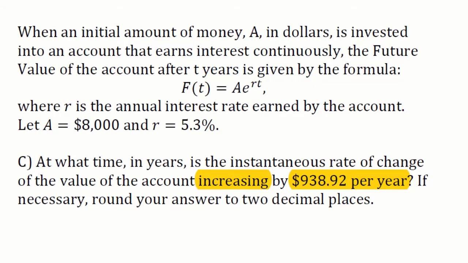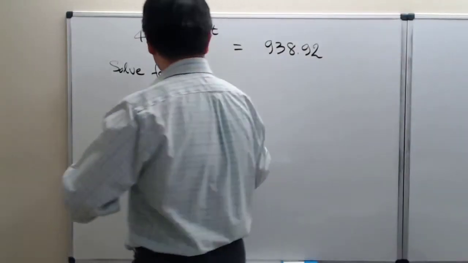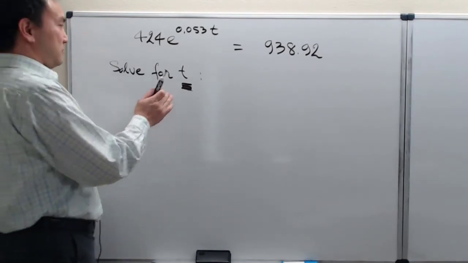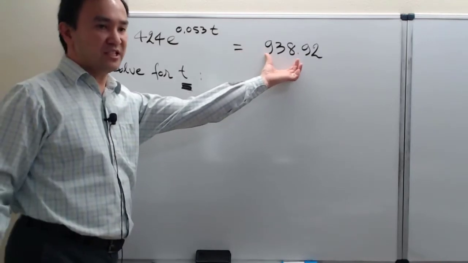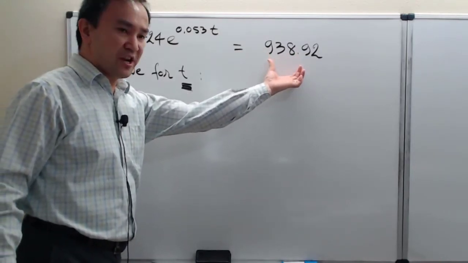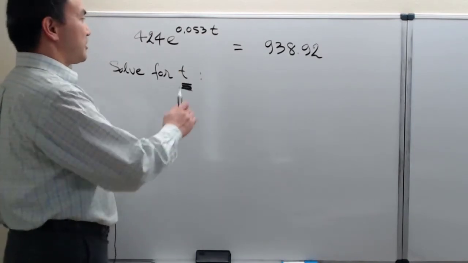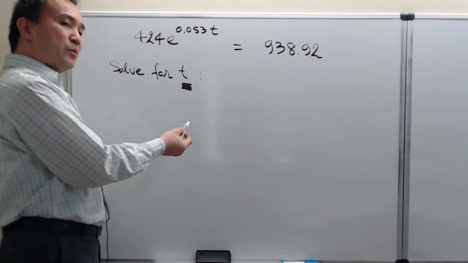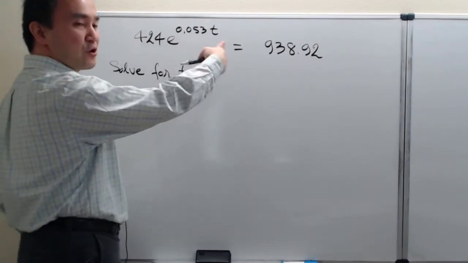That's the reason why we are solving for the variable t right here. So what we do is simply equate the derivative we already had with our designated rate of change. Then we take our step solving for t. It's just bringing us back to a standard algebra problem. We're solving an exponential equation.